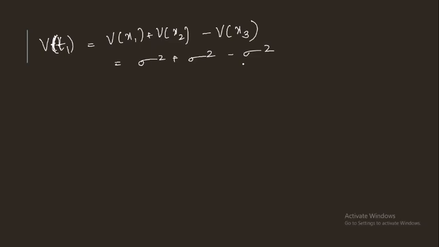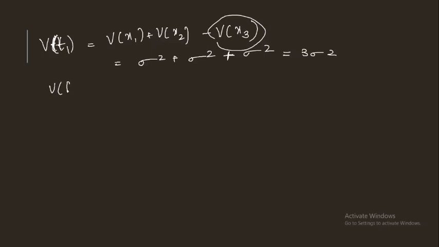Again, this negative value we are converting into a positive value, since variance will always be positive, and so this is equal to 3 sigma square.